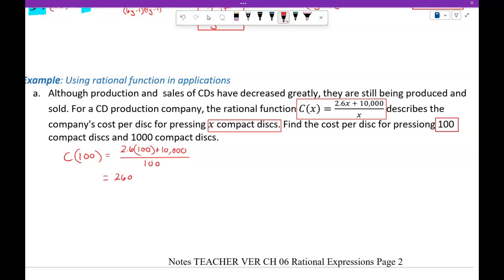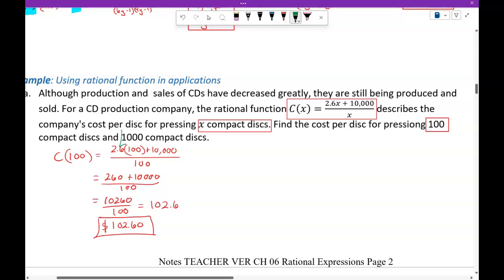So we end up with 260 plus 10,000 divided by 100. 10,260 divided by 100 gives us 102.6. And since we're dealing with cost, which is money, we want to automatically round to 2 decimal places.